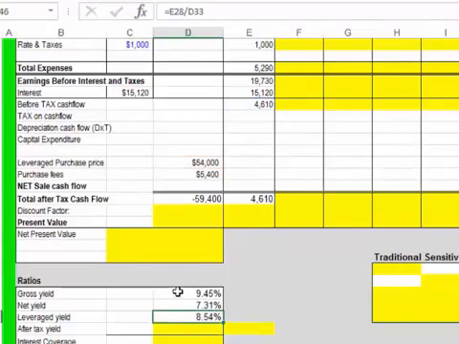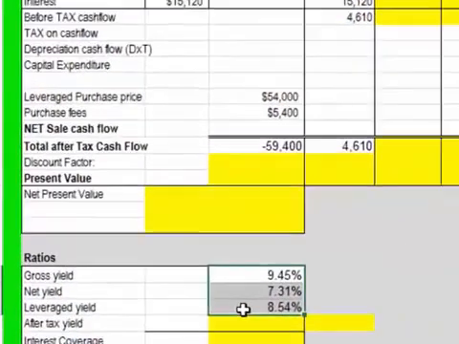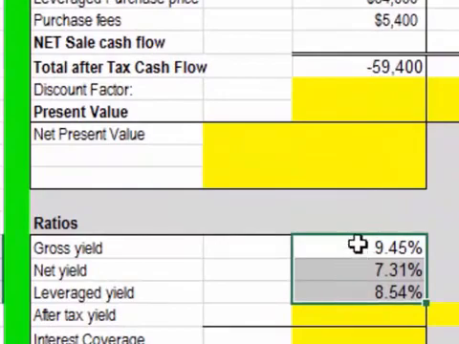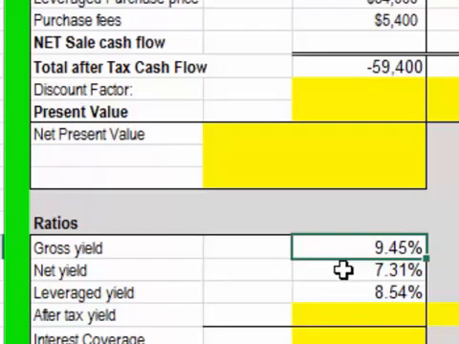It's a good idea for you to look at the way these numbers are trending. We start off with a high gross yield, well, a number. The net yield is lower than the gross yield because we're taking account of the action of your expenses.